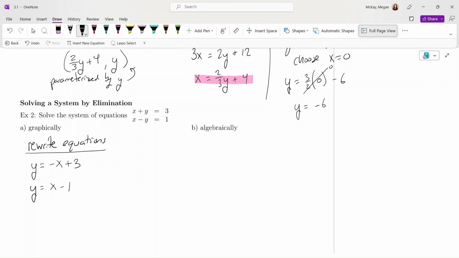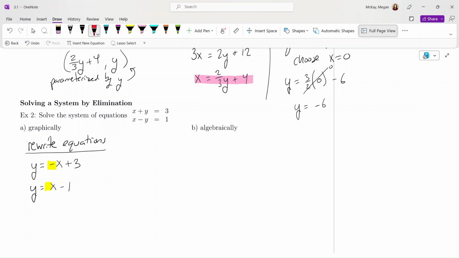Again, here we have two lines. So what can we notice about these two lines? Well, in the first one, our slope is negative 1. And in the second equation, the slope might look like it's not there, but technically there's a plus 1 there. Anything times 1 is itself.